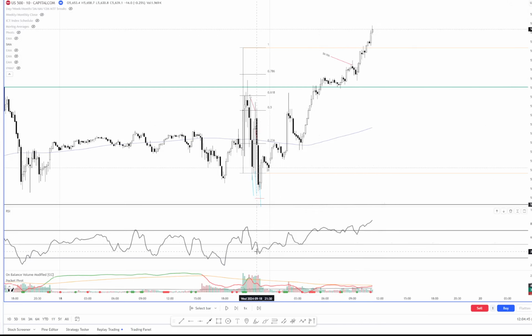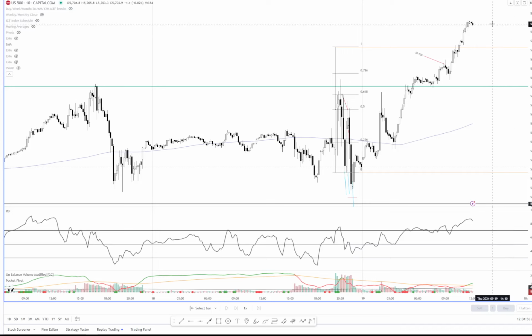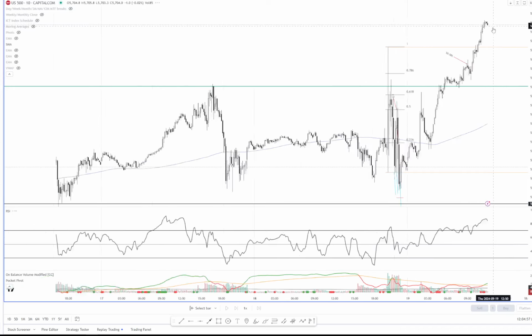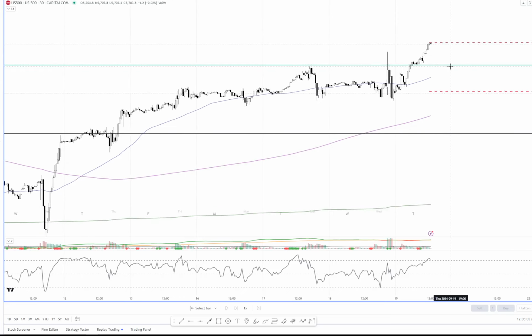Now, let's continue this actually, so we see how it plays out. Where are we? Okay, so 57 even, and I think there was something else up there. Yeah, the full range. This is the range of a usual range up and down of this instrument, which is calculated with this indicator.